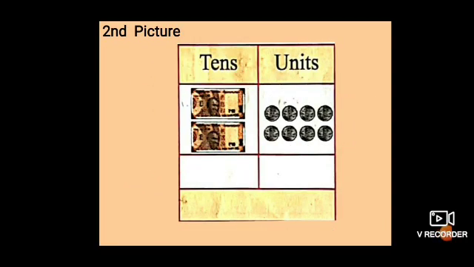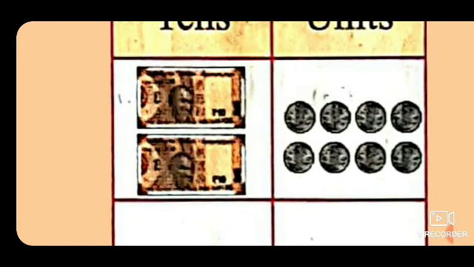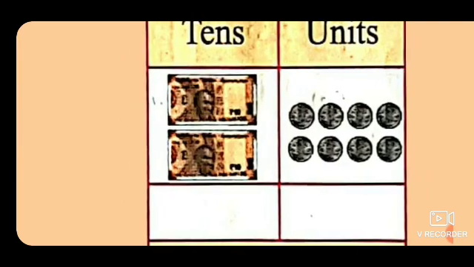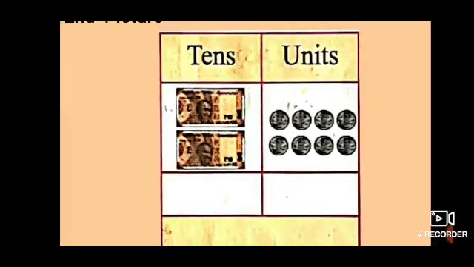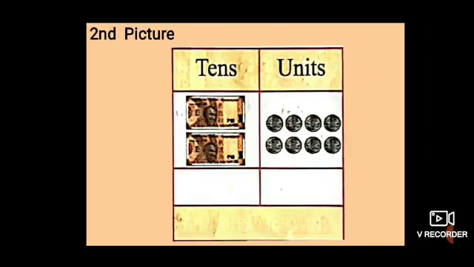Second picture. In tens place, how many rupee notes can you see? It's 10 rupee notes. And there are 2 notes. 1, 2. So 2 tens are 20.